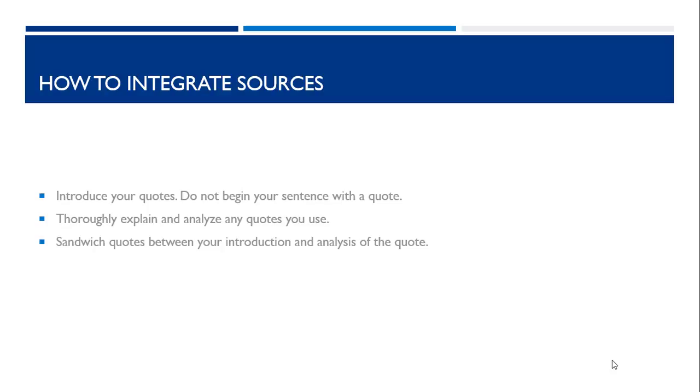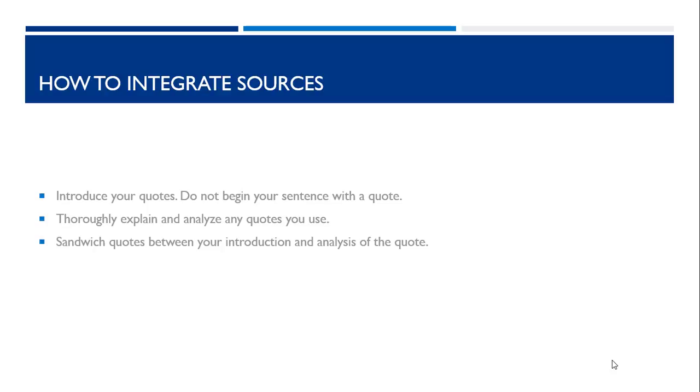A general rule for how to do this is try to make it twice as much analysis as you have quoted material. So if you put in an excerpt that is roughly a line long, try to bring out a couple lines of analysis of your own work.